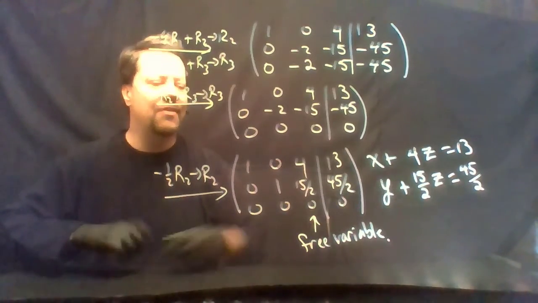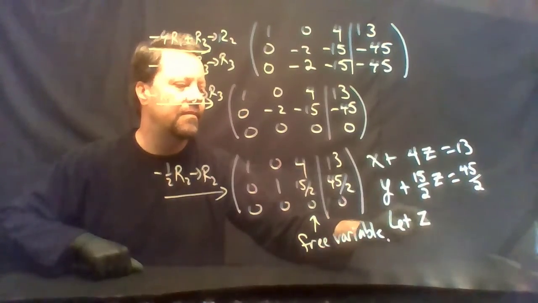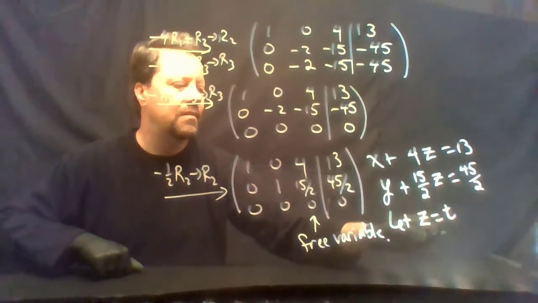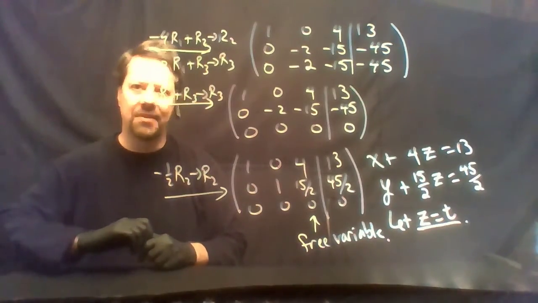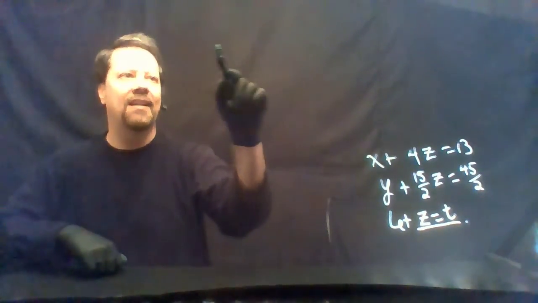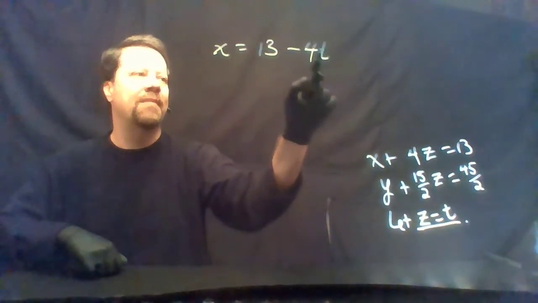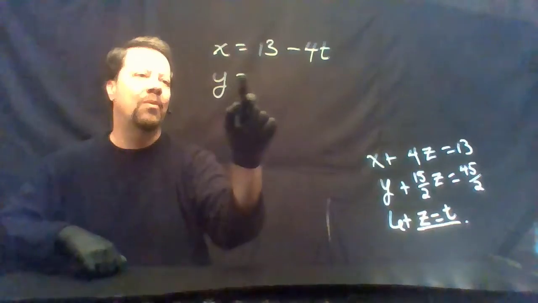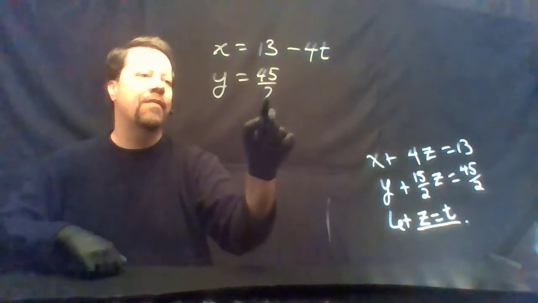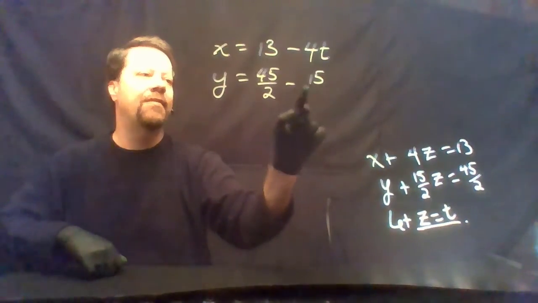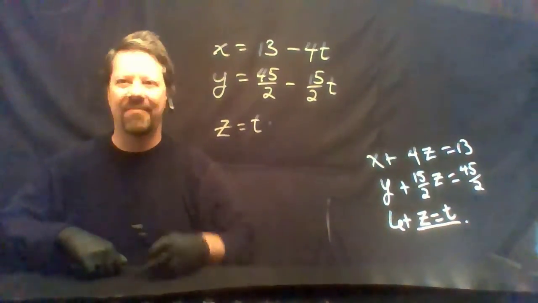If we allow z to be some arbitrary parameter, how does that affect the solution? You can see then that x will be 13 minus 4 times t. Y will be 45 halves minus 15 halves t, and of course z is t.